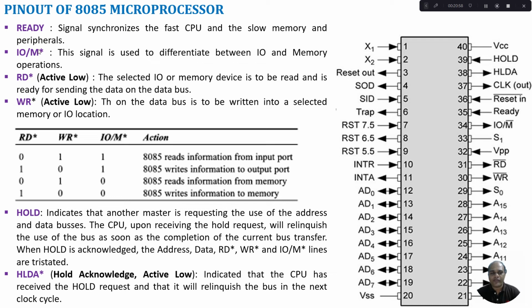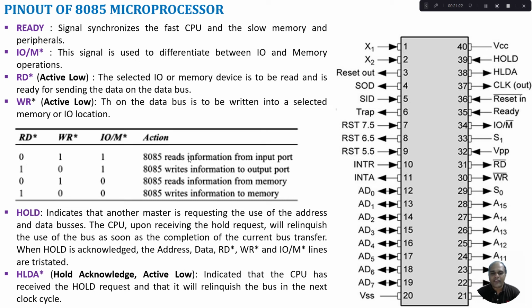So together with the IOM bar, RD bar and WR bar, we can specify the operation by the microprocessor. For example, if RD bar is 0, WR bar is 1 and IOM bar is 1, which means it's an IO operation, and we are going to perform a read from an IO device.